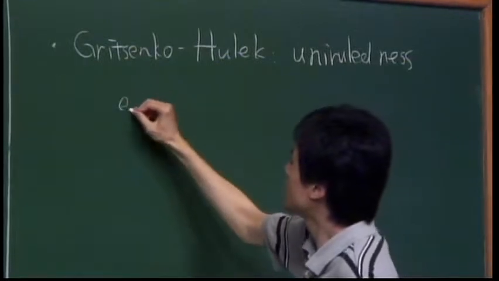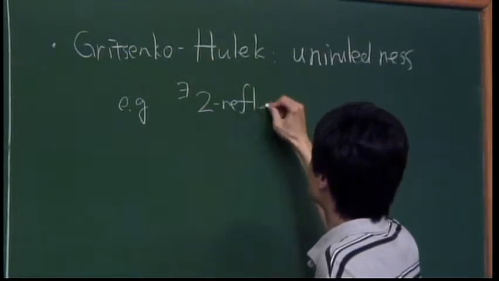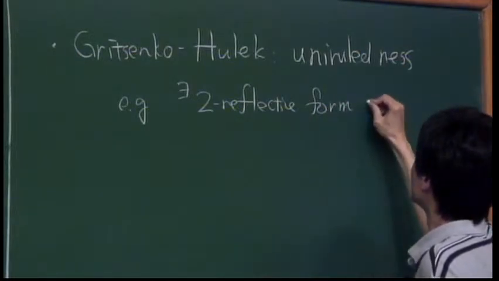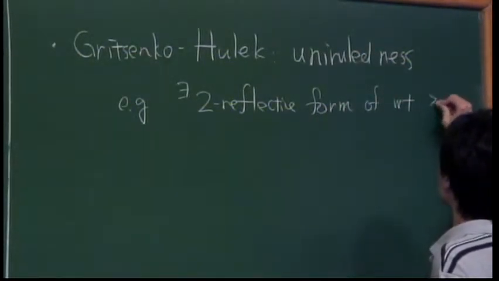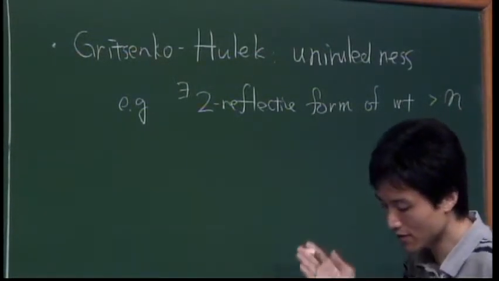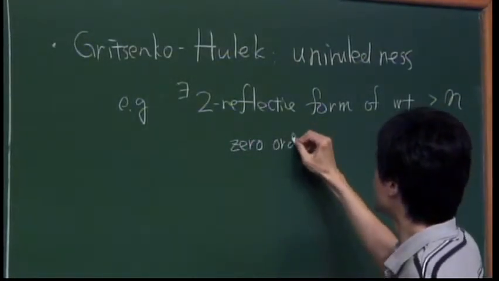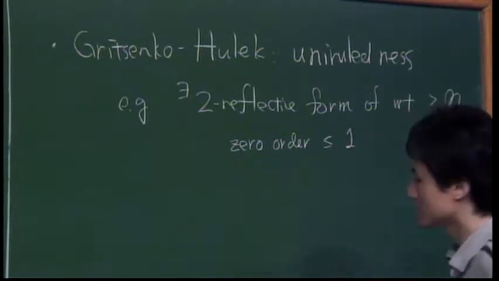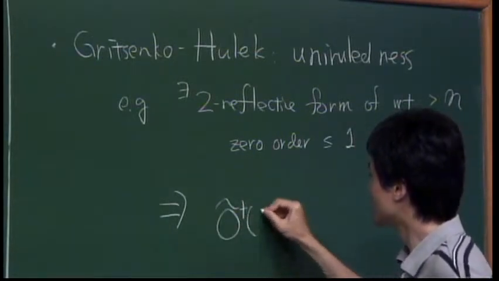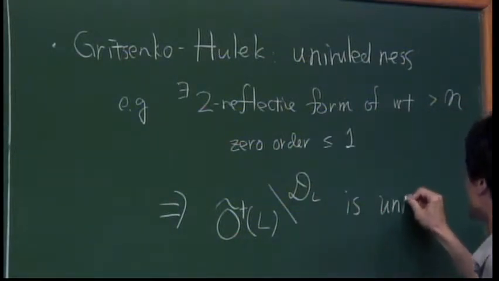So for example, if there exists a 2-reflective form of weight larger than the dimension, and whose zero divisor has no multiple component, so every zero order is 0 or 1, then the modular variety for the stable orthogonal group is uniruled.